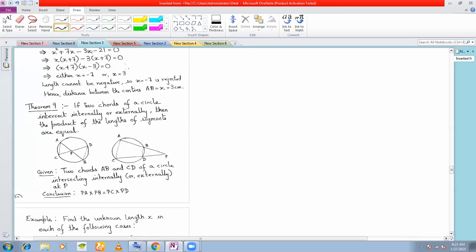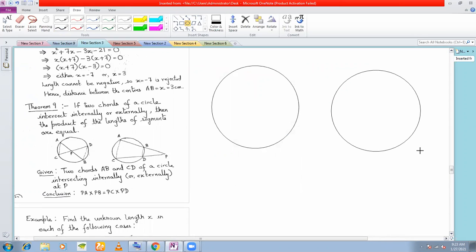Okay, so let us try to understand what it means. So we draw two cases here. First case is where the chords are intersecting internally, and the other case is where the chords are intersecting each other externally.